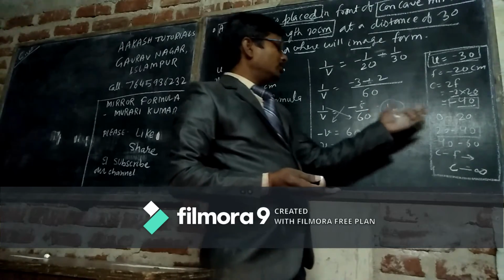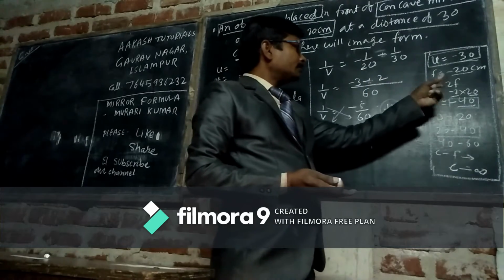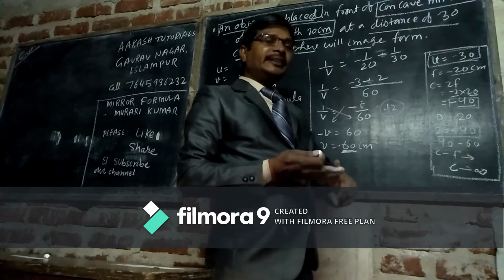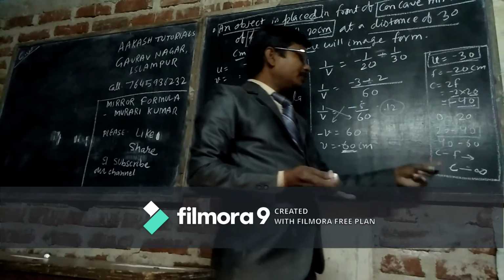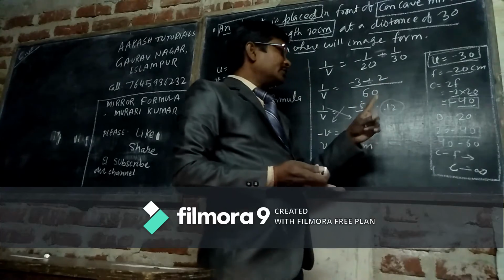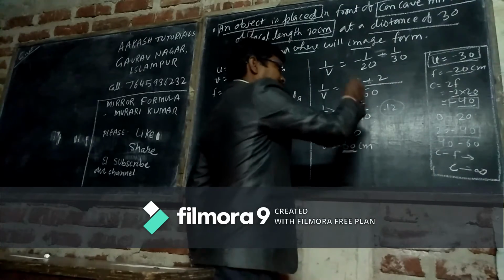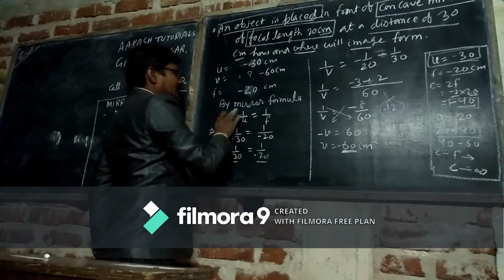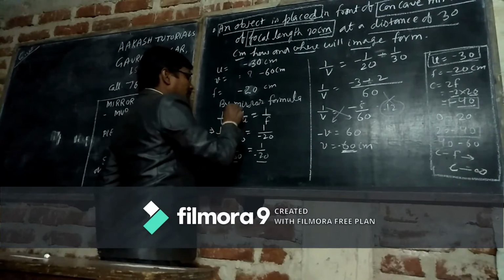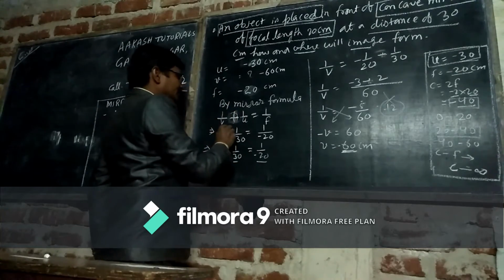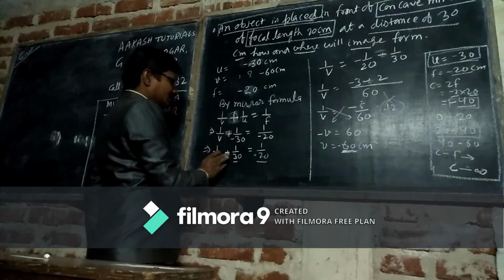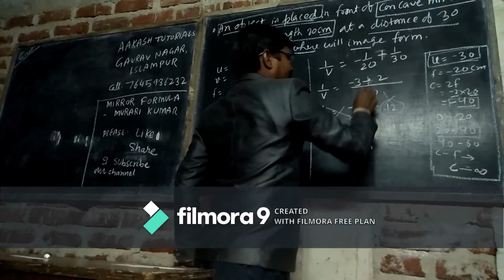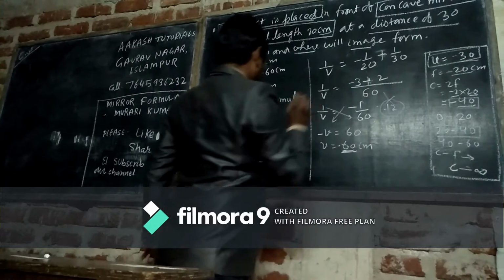That is not possible because your object is between C and F, so your image must be formed between C and infinity. The answer must be greater than 40, so this is an incorrect answer. Then you will find what mistake you committed: you put plus instead of minus. Here it will be plus, and here it will be minus. That is the correct answer.